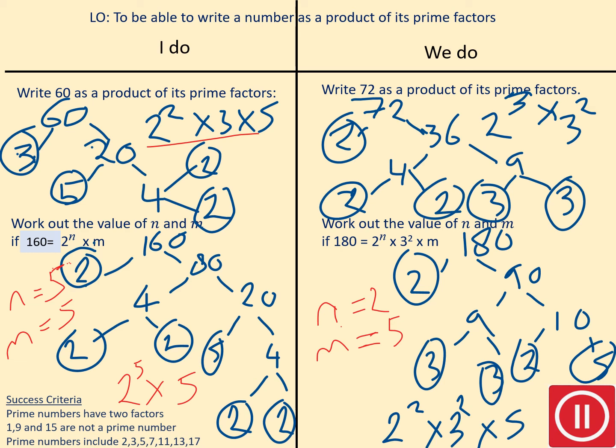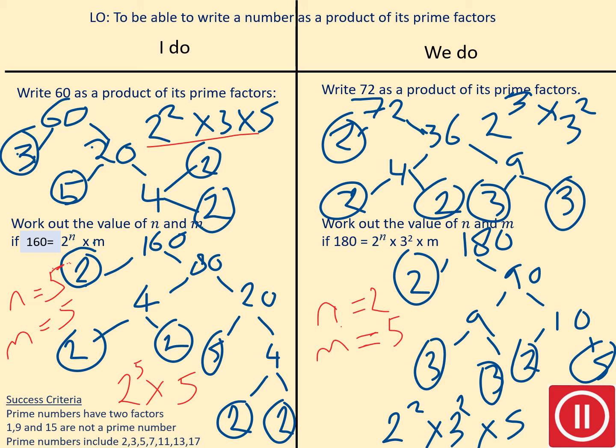Let's look at the value of 180 now then. As we know, we have to do our prime factor tree. So 2 times 90 equals 180. So 2's prime, we can circle that. 9 times 10 is 90. So let's look at the 9 side first. Well, 3 times 3 is 9. They're both prime, so we can circle those.